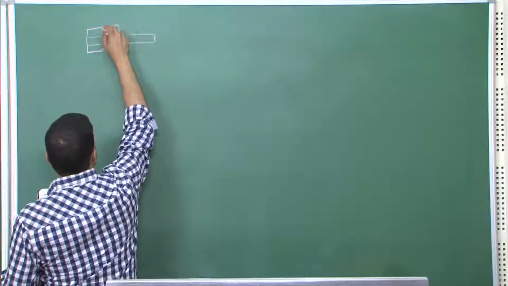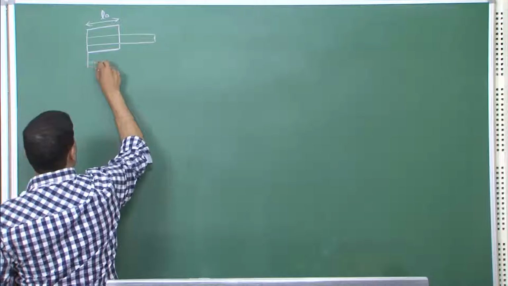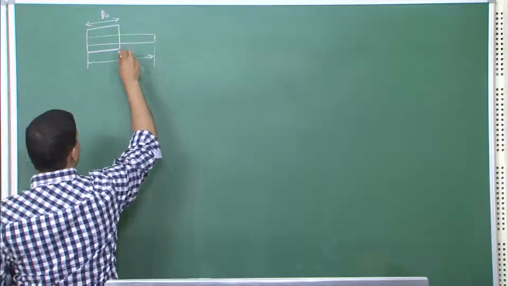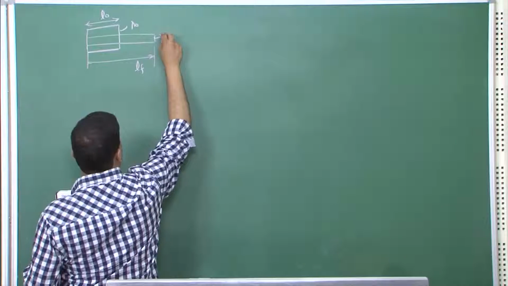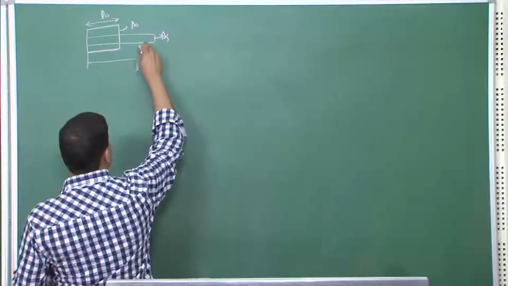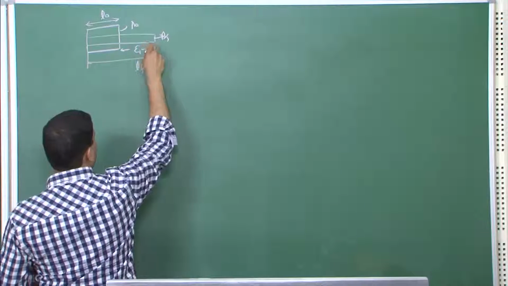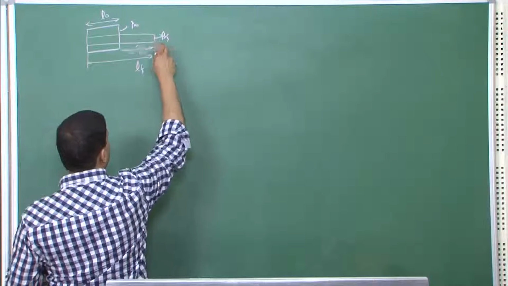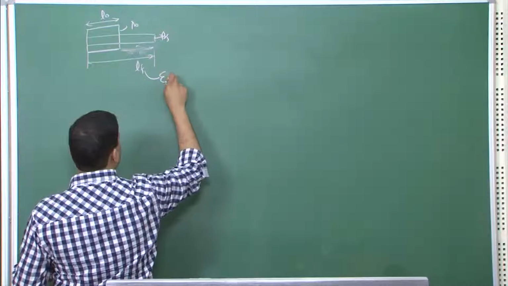So, let us say this is L naught, this is LF, the final length, this is A naught and this is AF. Now, whatever strain is happening in this direction is related to strain 1.